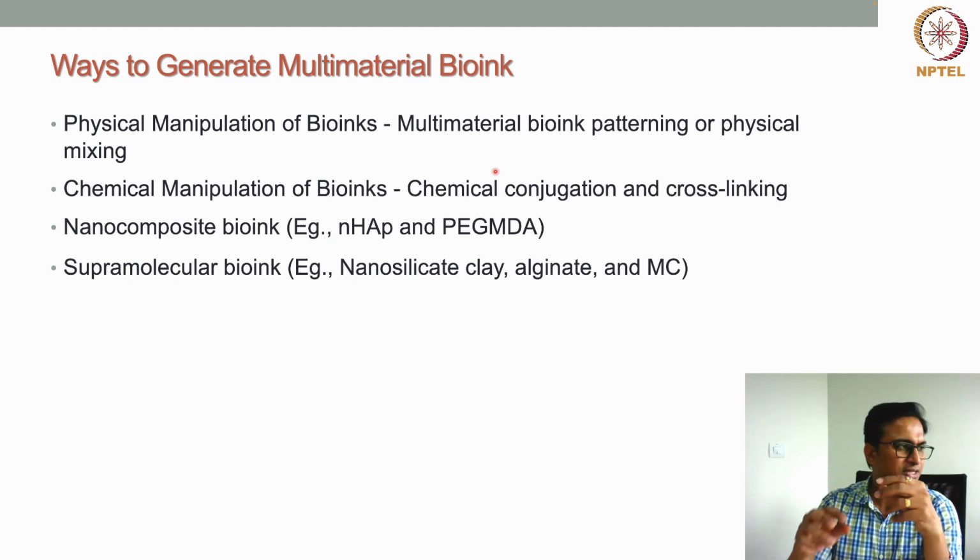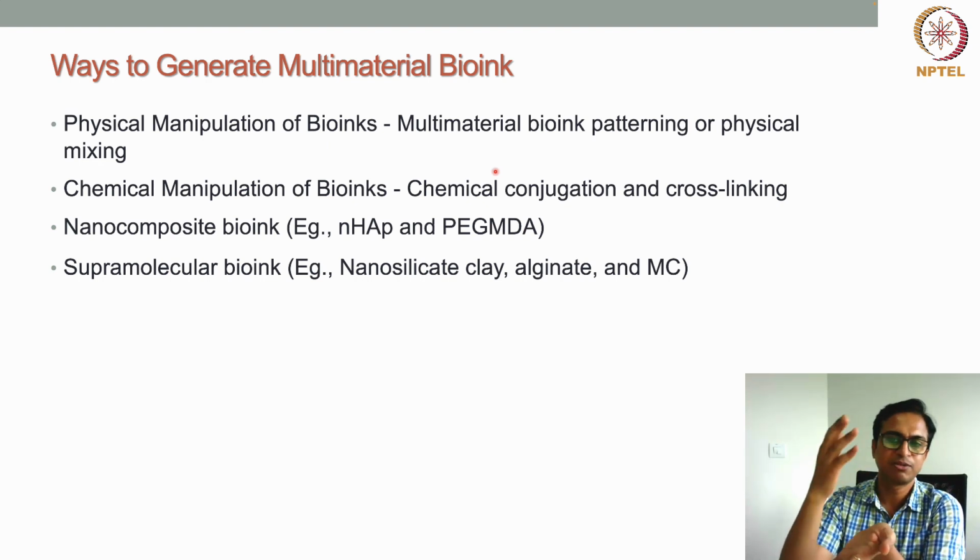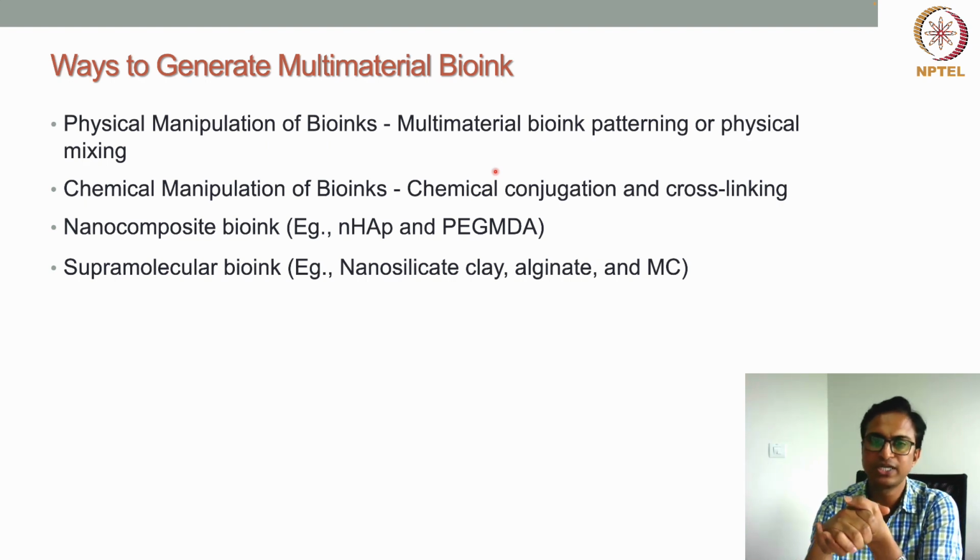Either the multimaterial bioink or the bioink can be patterned. That means at certain locations one type of biomaterial is printed, and at other locations other types of biomaterials are printed. In this way we can pattern the different bioinks at different locations, and we can have different types of properties, and thereby generate different biological functions. Right? Physical mixing, as I said, is also another way of doing that.